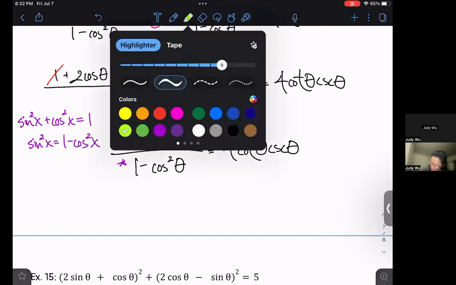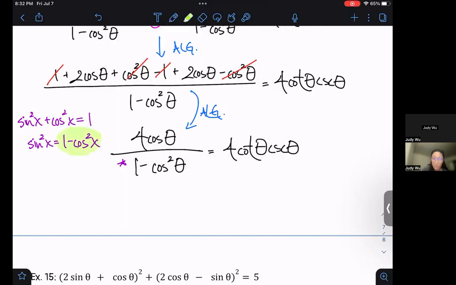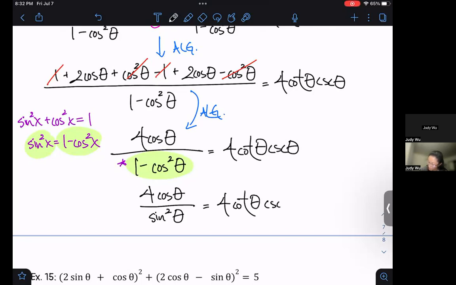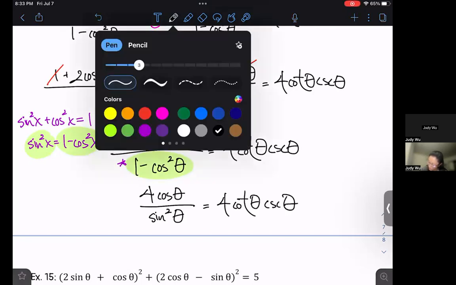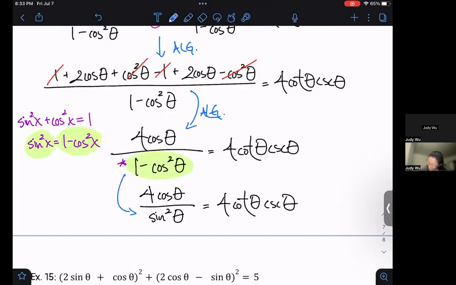And just like the previous video, everywhere I see 1 minus cosine squared, I can replace it with sine squared. So I get 4 cosine x over sine squared theta equals 4 cotangent theta cosecant theta.